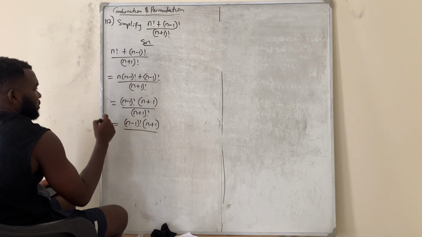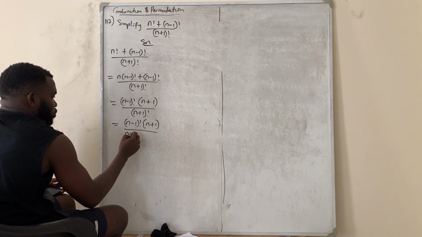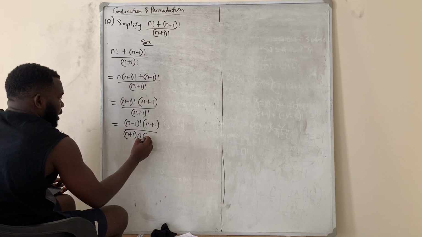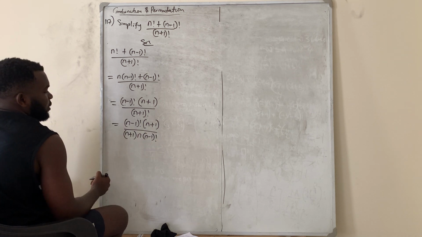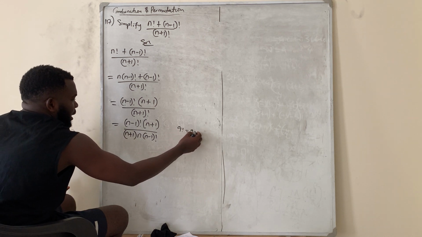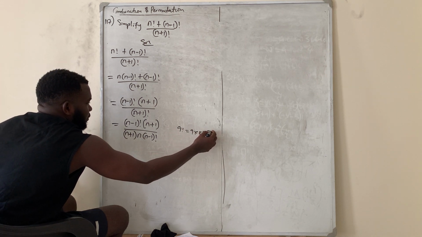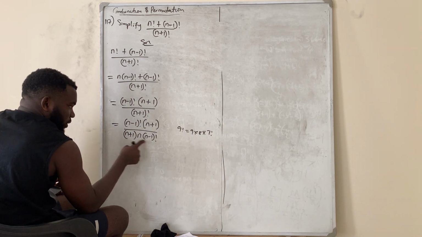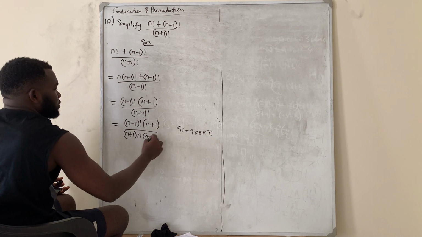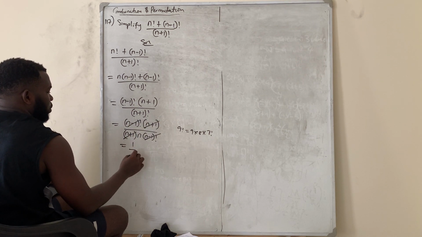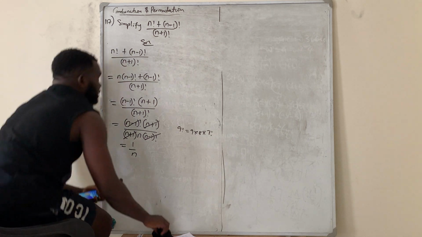The denominator can be written as n plus 1 into n, then into n minus 1 factorial. So just keep removing 1. It's as good as saying 9 factorial is 9 times 8 times 7 factorial. So if you minus 1, you're getting this one. If you minus another one, you're getting this one. You put your factorial. So this will cancel this, and this will cancel this. So I am left with 1 over n. So 1 over n is the answer.